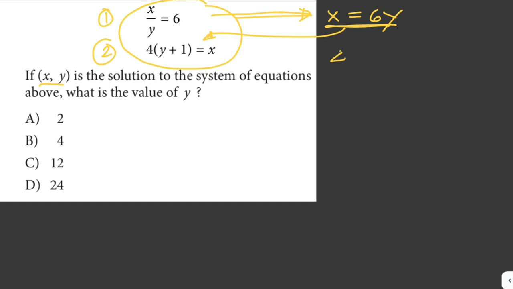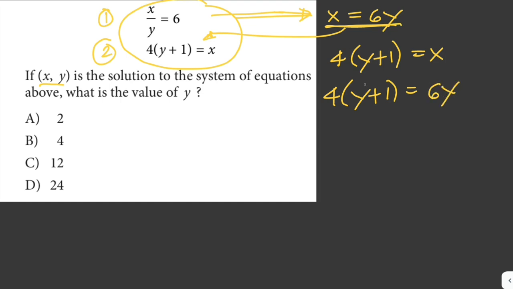So that is 4 times y plus 1 equals x. 4 times y plus 1 equals the value of x, which is 6y. And then we simplify this expression on the left by distributing 4 to the expression inside the parentheses.